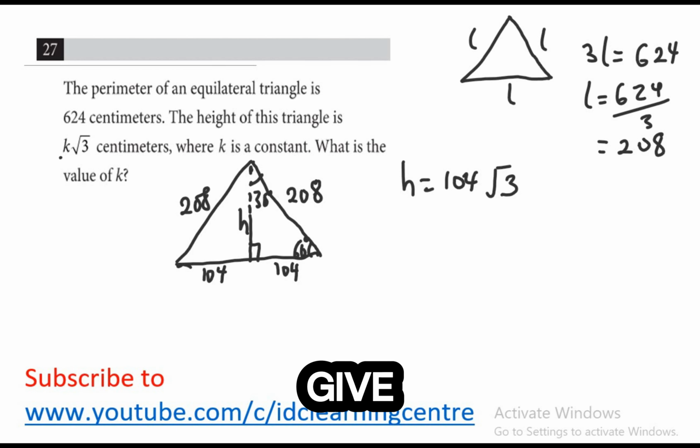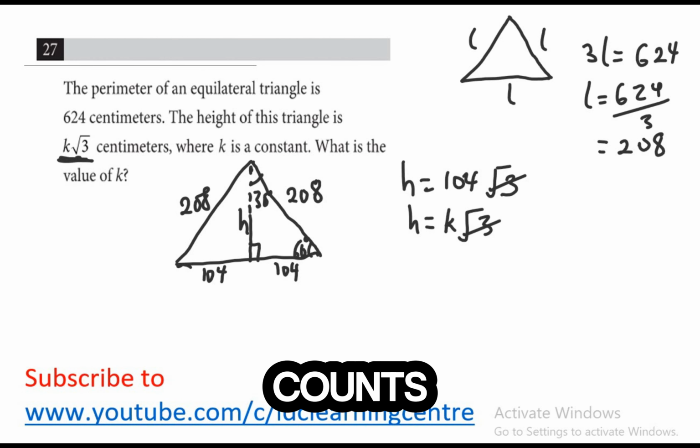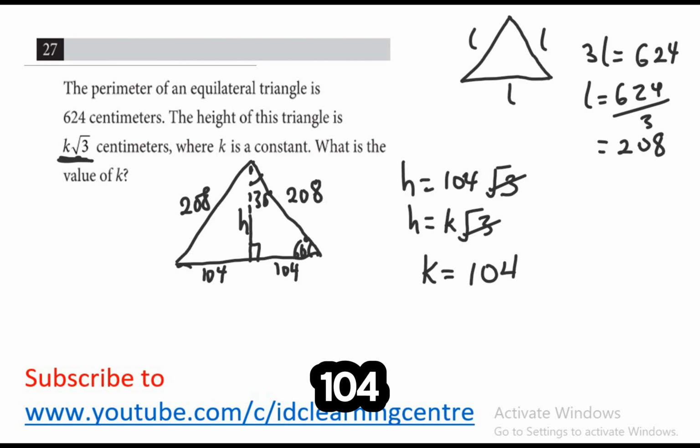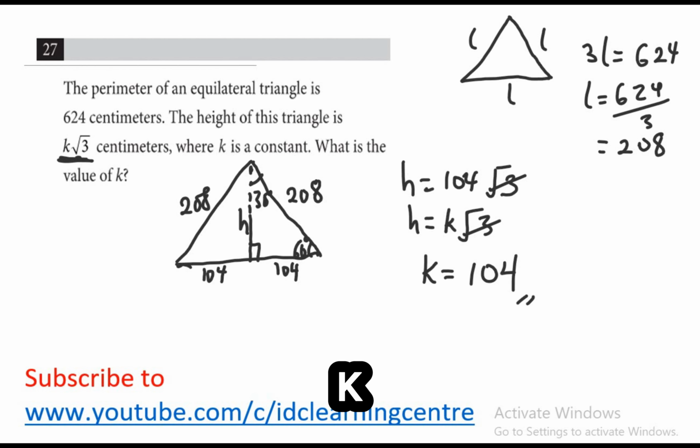And of course, they gave us the value in the question to be k root 3. So height is k root 3. If you compare these two, root 3 cancels root 3 and k, which is what we are looking for, becomes 104. So our answer for the value of k is 104. I hope that is clear.